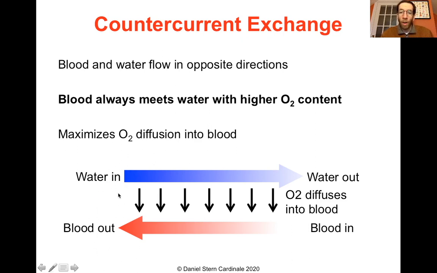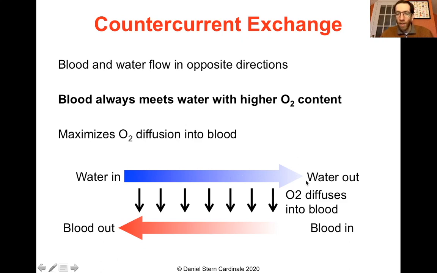The water, as it comes in, is highly oxygenated. Now, it's meeting blood that is also highly oxygenated, but the blood is never going to be as oxygenated as this water coming in. So oxygen will immediately diffuse into that already highly oxygenated blood. As the oxygen moves out, the water becomes oxygen depleted.